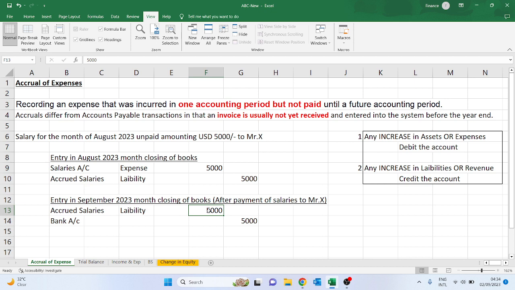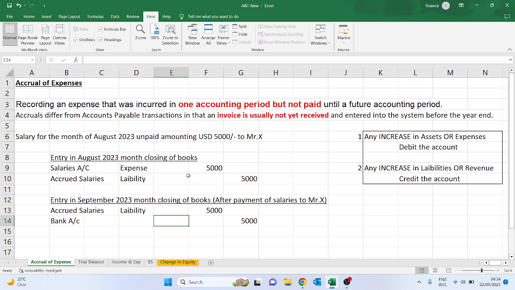We are reversing the same entry with 5,000 and we paid it from the bank account. Bank account is an asset account, and it is credited because the amount is decreasing. Decreasing means we have credited the bank account. Cash is going out.